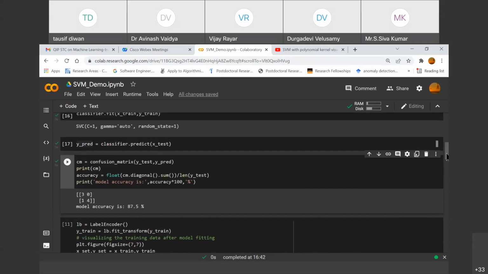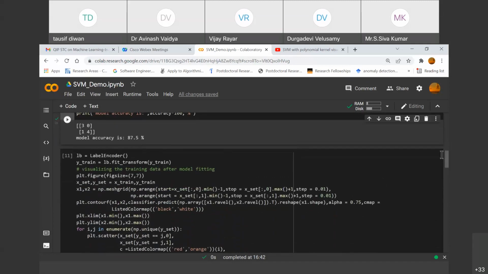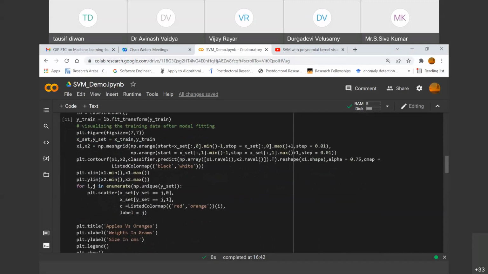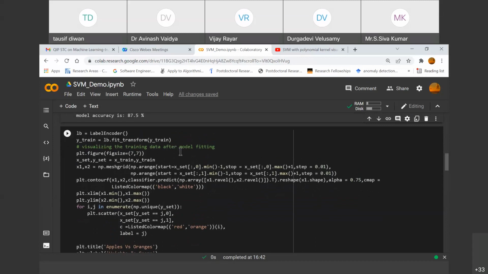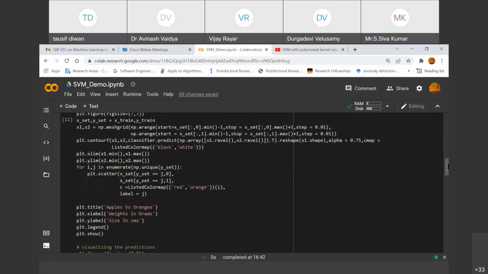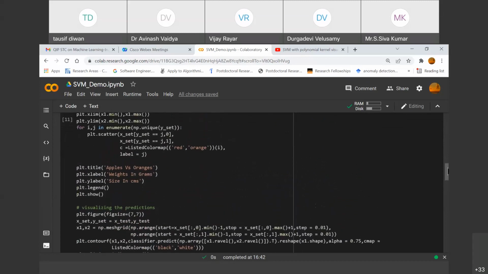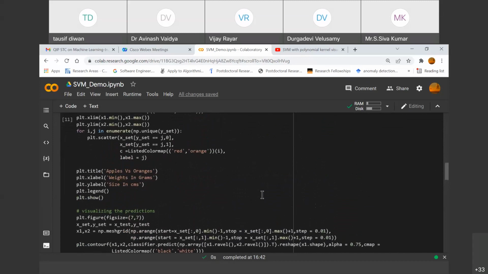After that, we can plot what is happening in the back end with the training set and with the test set. So here, this is the visualization of the training data after model fitting, and once again we will visualize the prediction with the help of matplotlib.